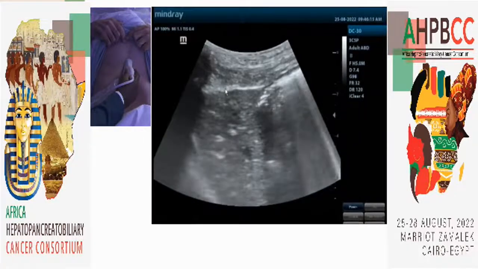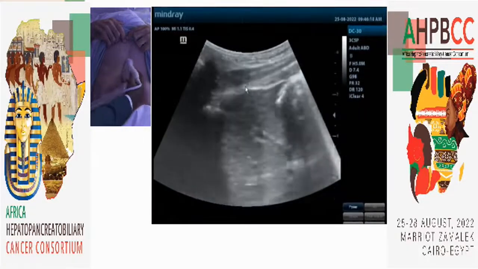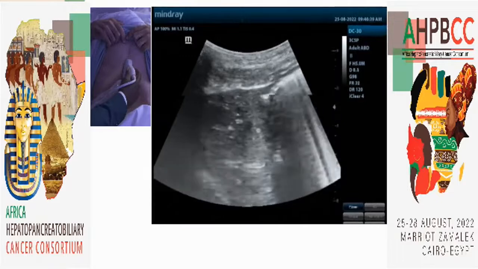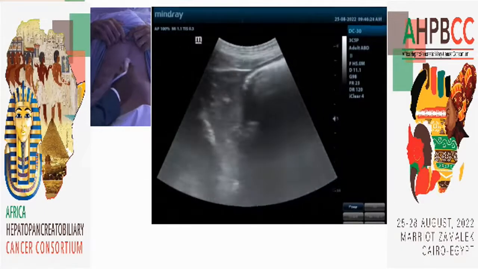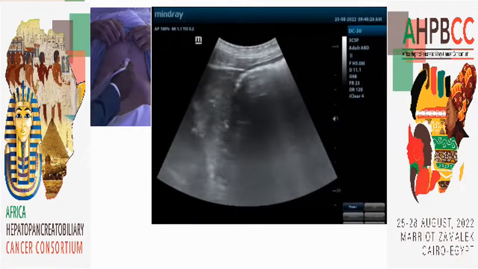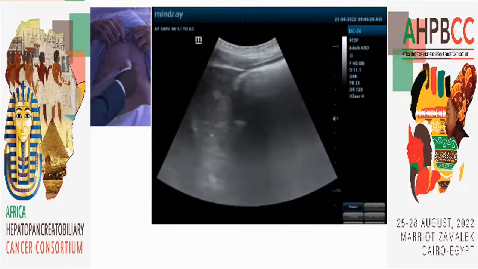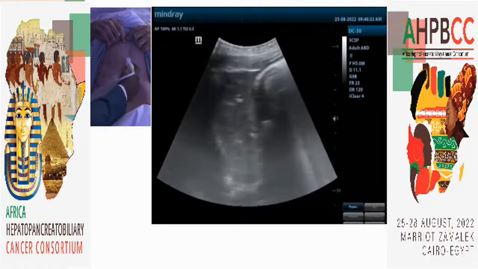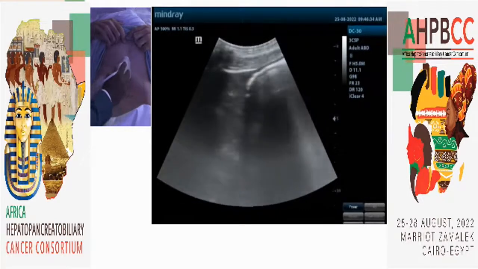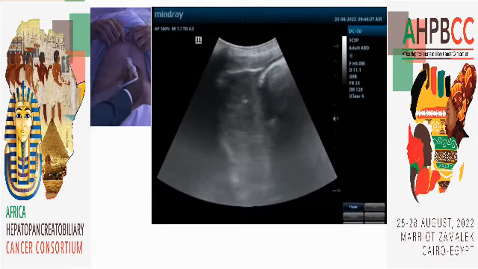Okay, it's a very smooth surface. And then you get to also evaluate. Under normal circumstances, some sips of water could help clear some of the reverberation artifacts we are seeing here. But that's okay.